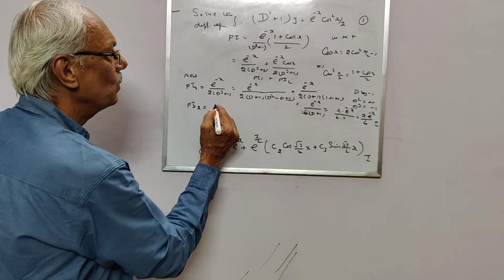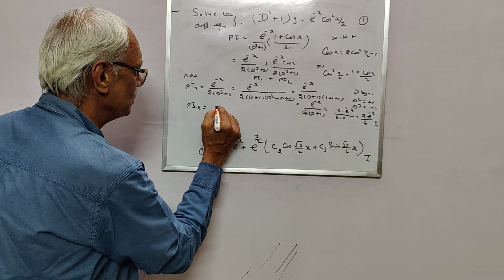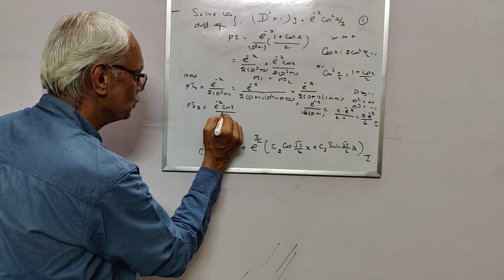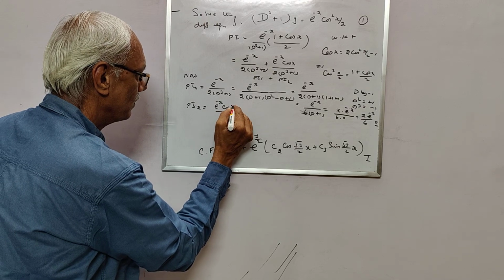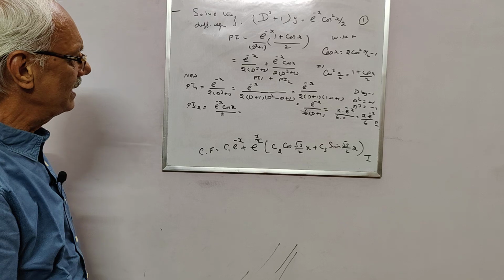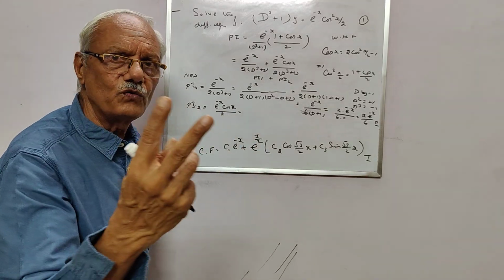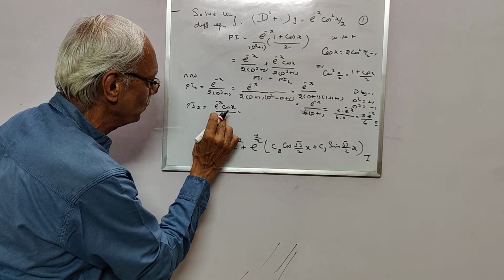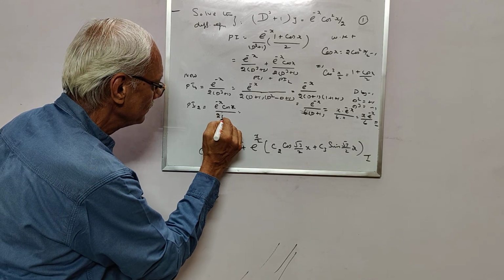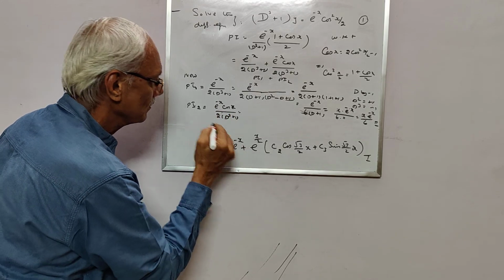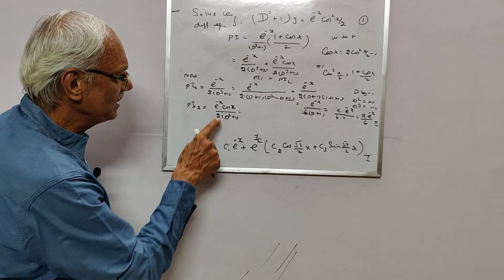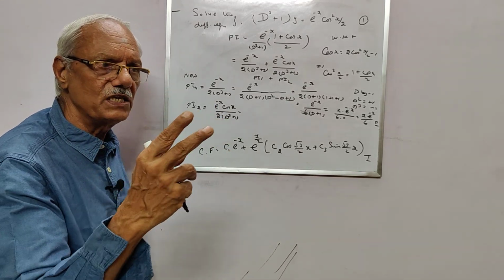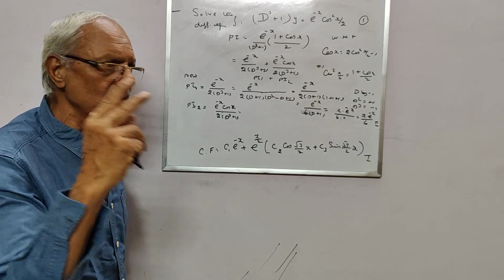What is my pi2? pi2 is e to the power of minus x cos x by 2 into d cube plus 1. Now you see that this is a combination of two functions, one is an exponential function, the other is a circular function.